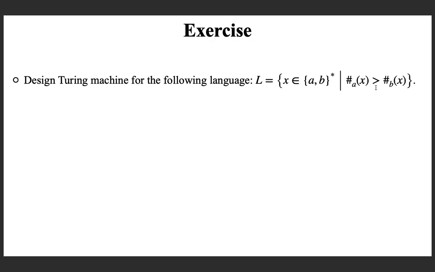And recall that push down automata are more powerful than finite automata, and hence every regular language is a context free language. And linear bounded automata are more powerful than push down automata, and hence every context free language is context sensitive.